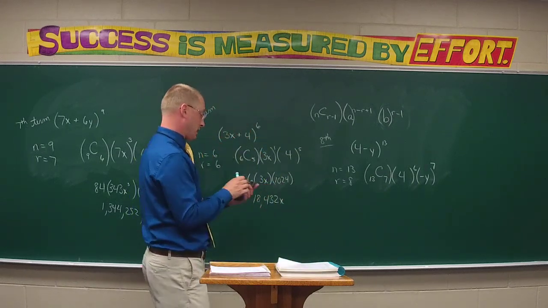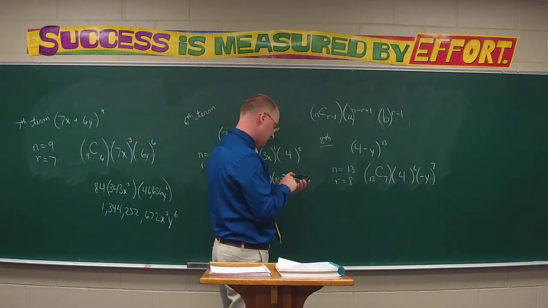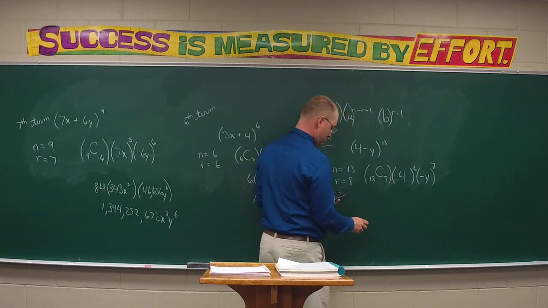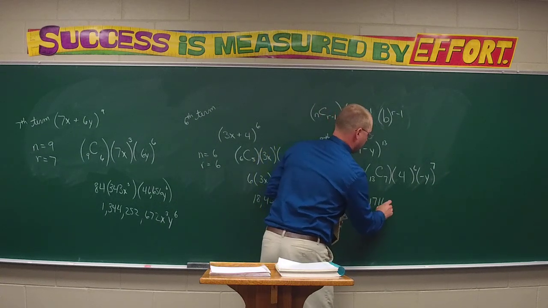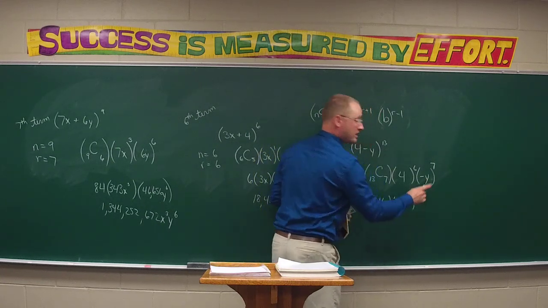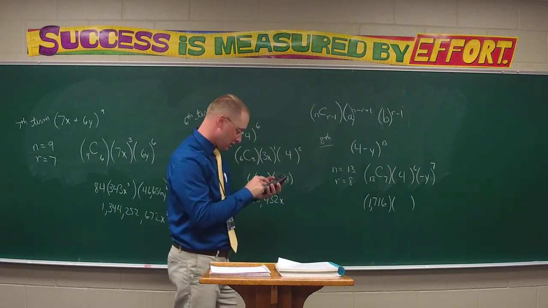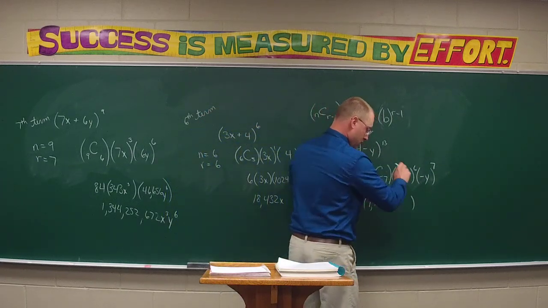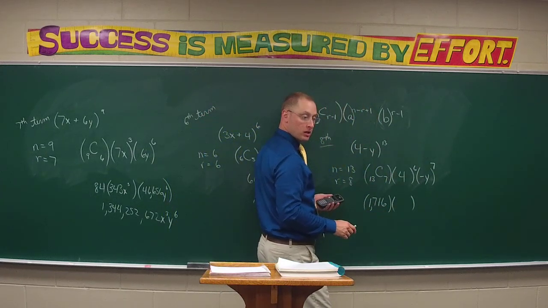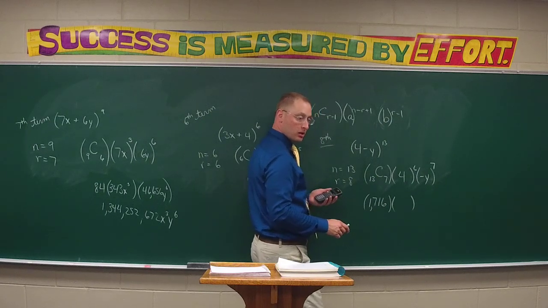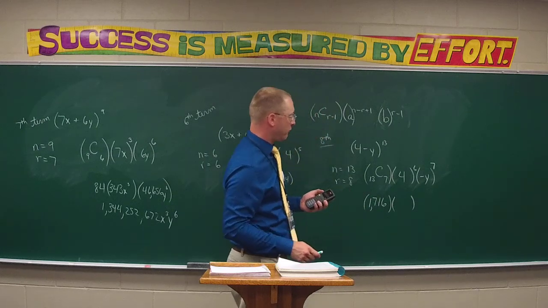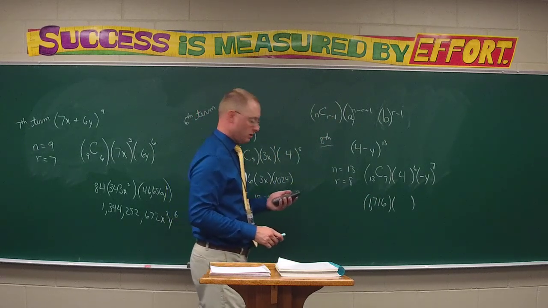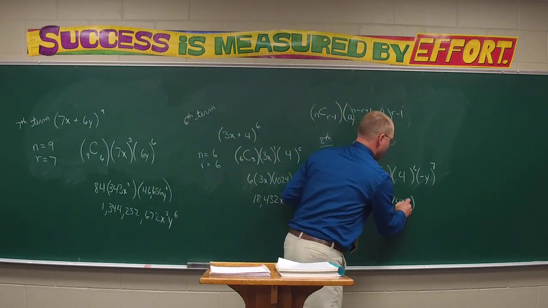So Genesis, real quick on the calculator, 13c7. Good, 1716. Then the 4 to the 6th, Genesis. All right, 4 to the 6th. 4096.